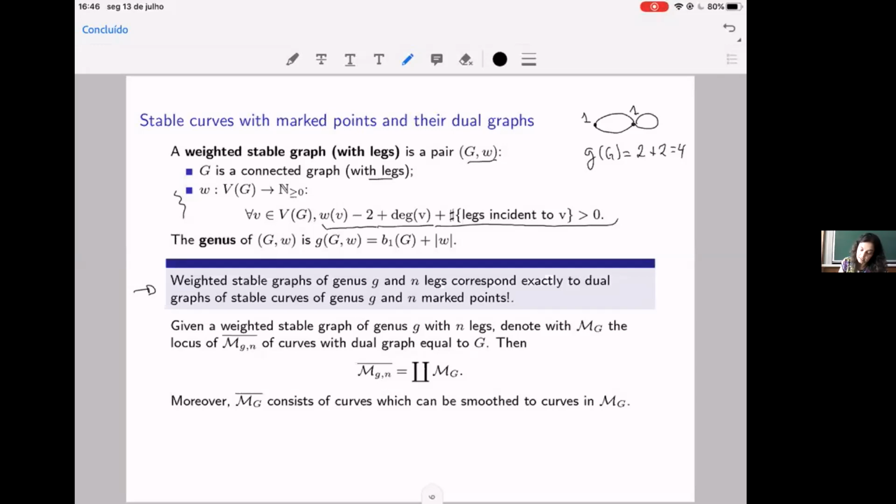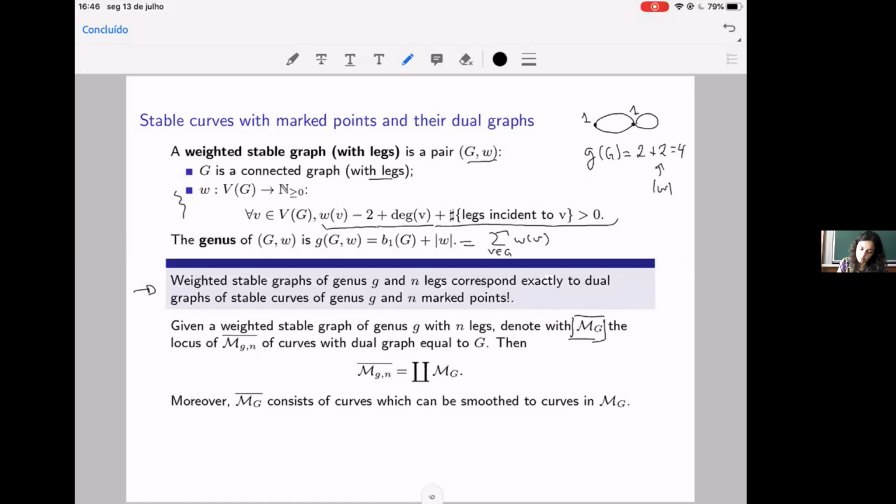So the first thing is that we will consider inside our parameter space what is the absolute value of w? It's the total weight. So this is just the sum over all the vertices of G of the weight of v. All right, so in this example, this would be the total weight.